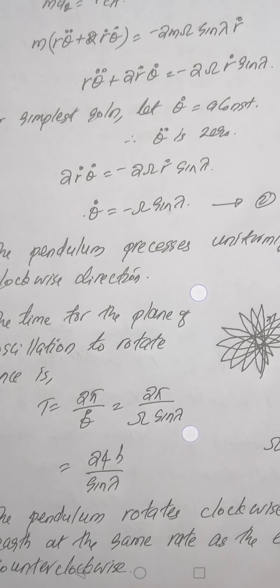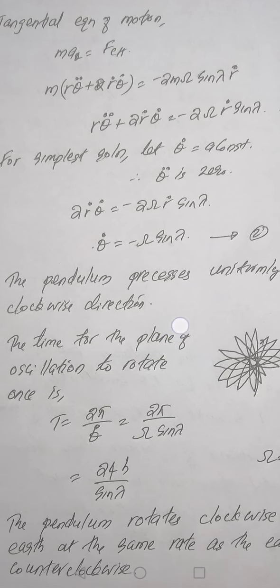For example, at the poles, lambda is 90 degrees, so the period is 24 hours by sine 90. Sine 90 is 1, therefore T is equal to 24 hours. For all other values of lambda it is different.